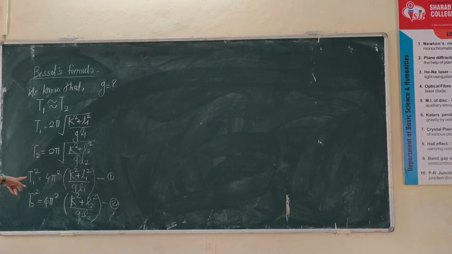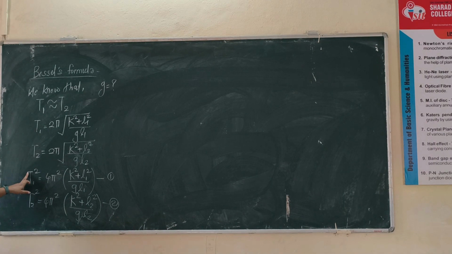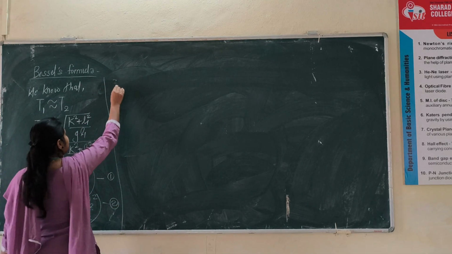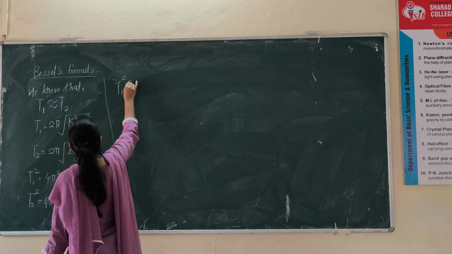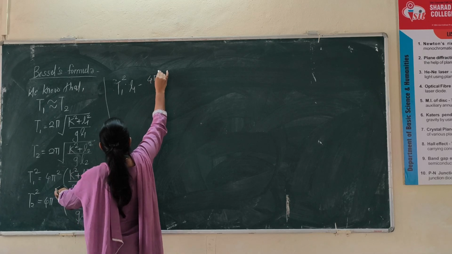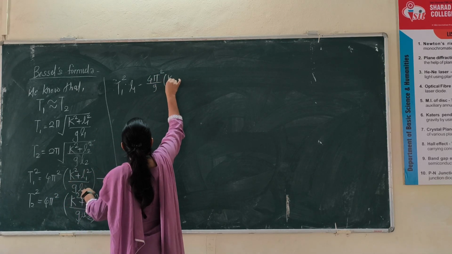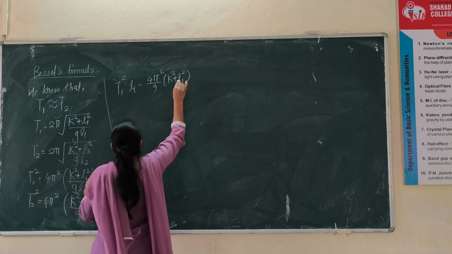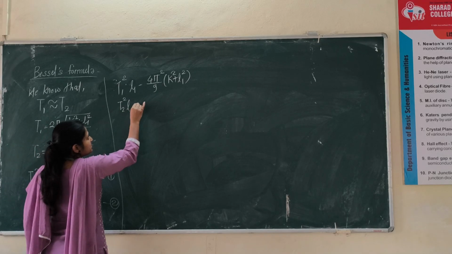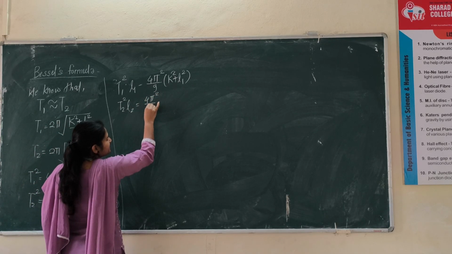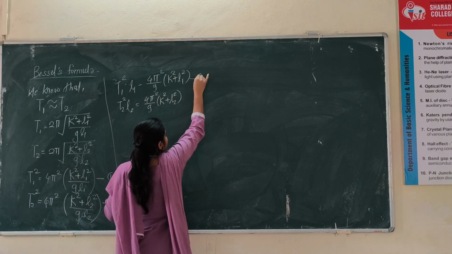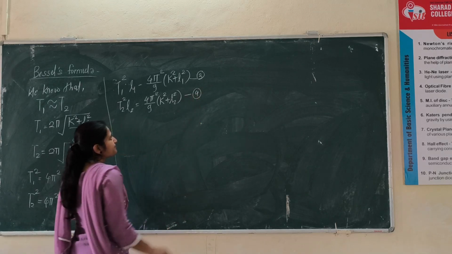Okay, so rearranging equation 1 and equation 2 in such a way that we get T1 square L1 is equal to 4 pi square by g into (k square plus L1 square), and T2 square L2 is equal to 4 pi square by g in bracket (k square plus L2 square). Okay, so equation number 3 and equation number 4.